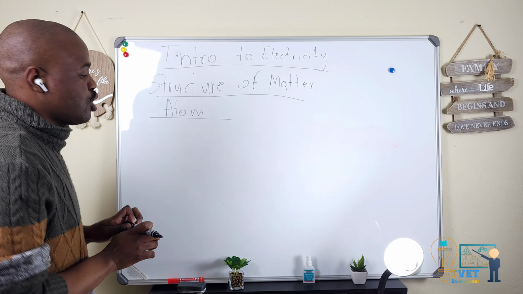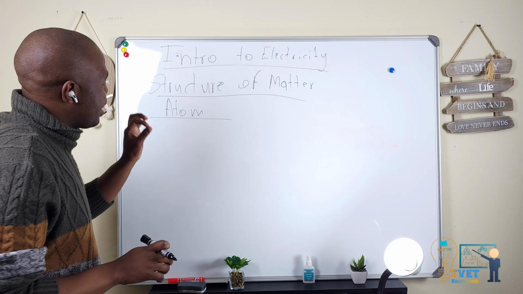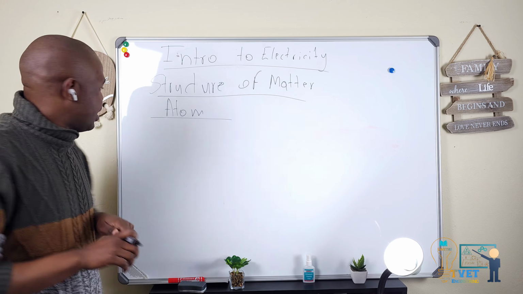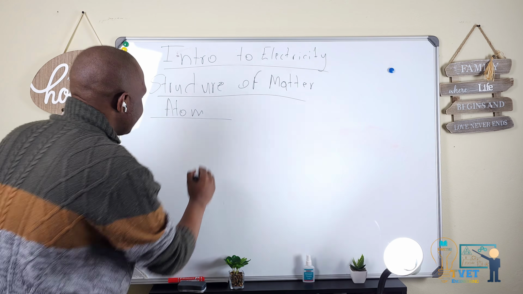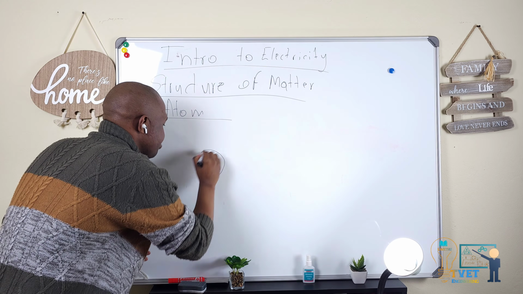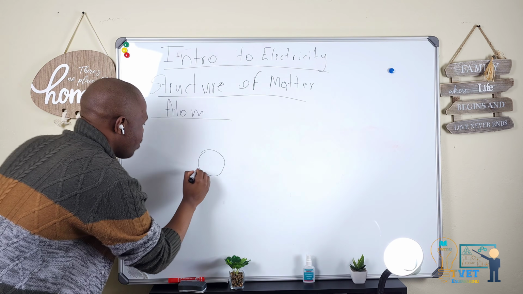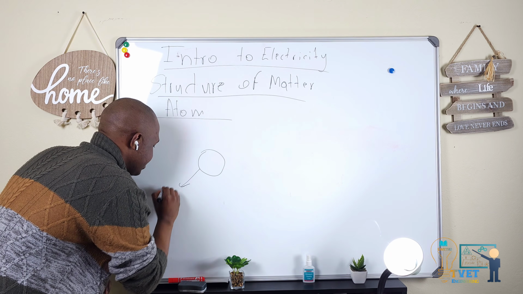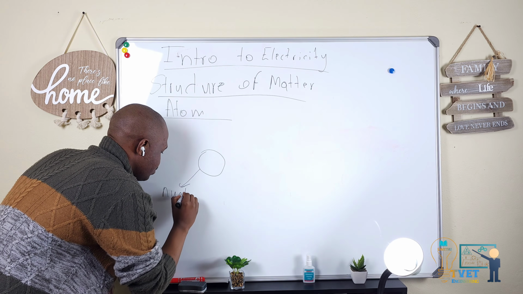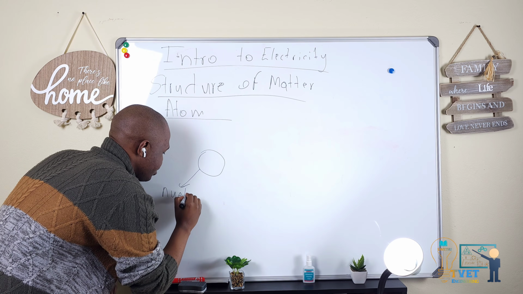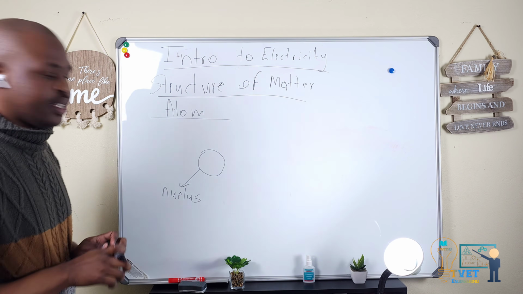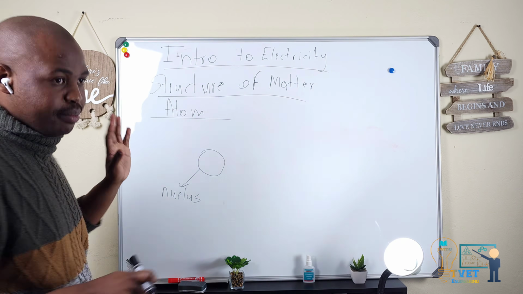We know an atom from N3, N1. In an atom, there is a place that we call the nucleus.